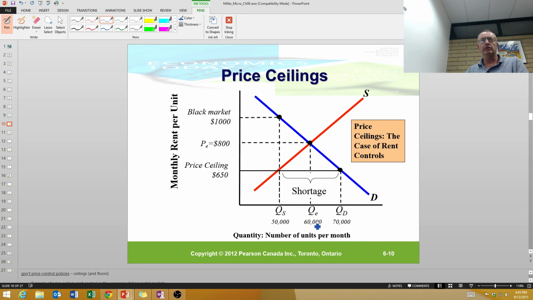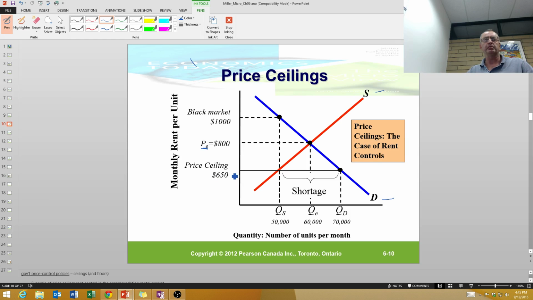Okay, so this is exactly what we just diagrammed on the last slide. Here's our demand curve, here's our supply curve, here's our equilibrium price. So the example here is the rental accommodation market. Here's the free market price. The government says, no, you landlords don't know what to charge. You tenants don't know what you should be paying.